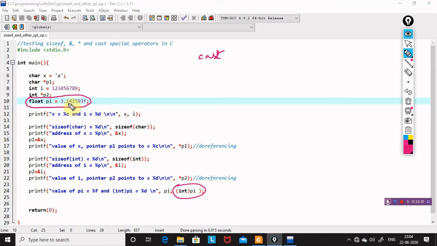It just omits or discards the fractional values, everything that comes after the decimal point, and we are left with only the integer part, that means 3. So casting basically discards the fractional part and retains the integer part when we use casting using the int cast operator. We could have other cast operators as well.